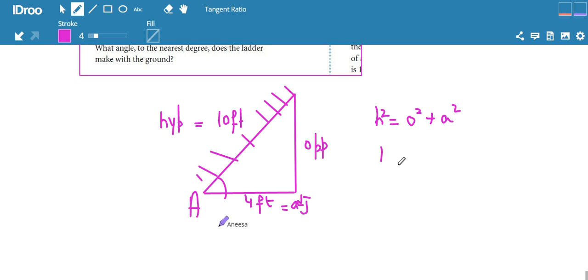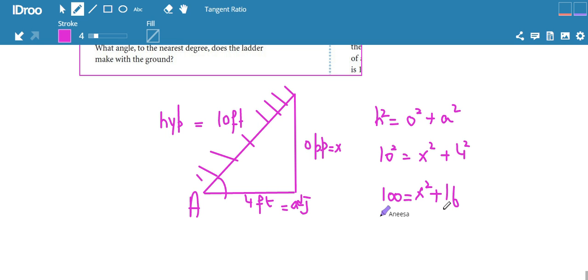So to find the opposite, we do this. The value of the hypotenuse is 10, so we put 10 squared. The opposite is not given, so give it a name: opposite is x. So x squared, and the adjacent is 4, so 4 squared. 10 squared is 100, equal to x squared plus 4 squared, which is 16.